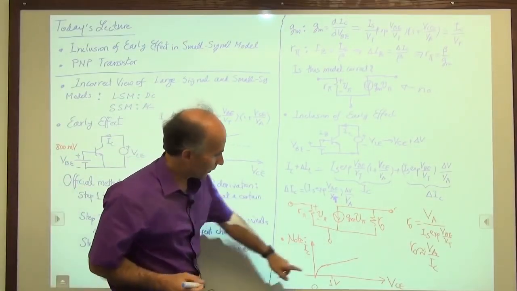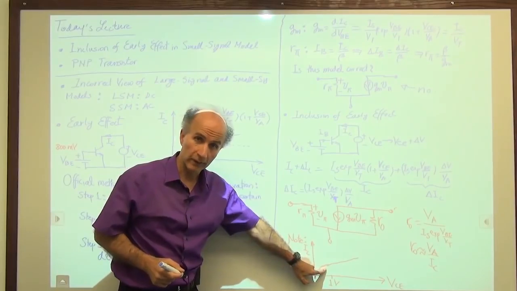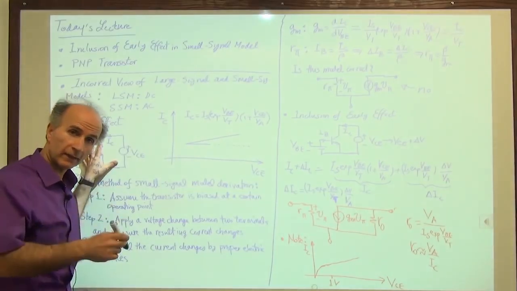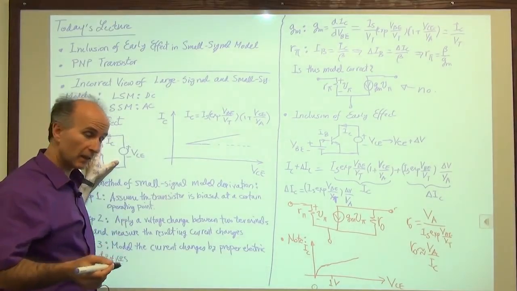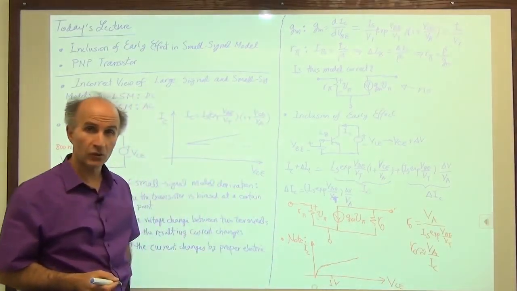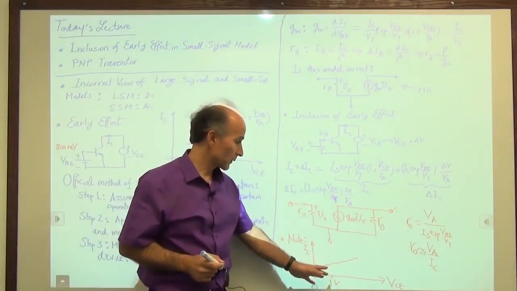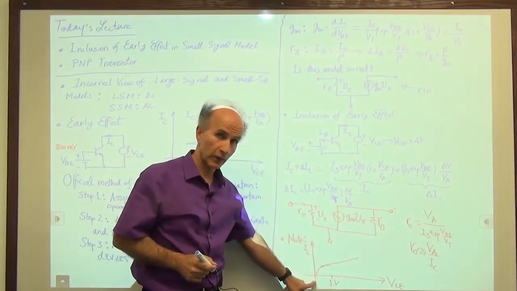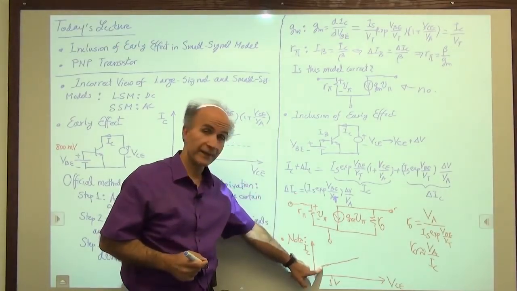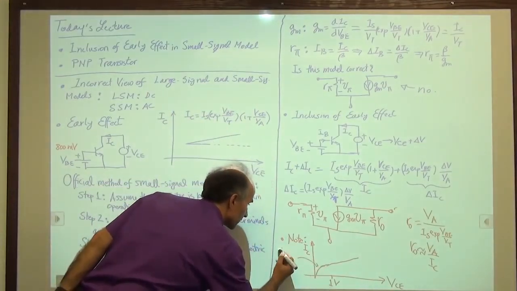The point at which this sharp drop occurs is something we want to avoid. So our VCE in any design, in the bias condition and with the signal coming in, must always be large enough that we don't get into this region. That region is very undesirable for bipolar transistors. In other words, we want to stay in the forward active region. We don't want to go here.